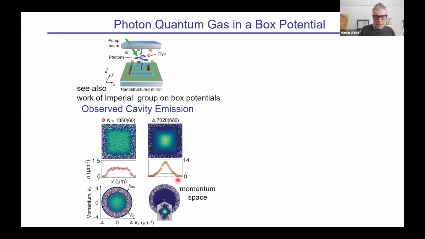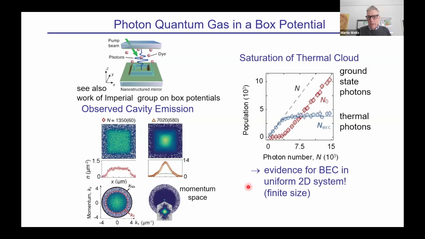And you also see that the momentum wave function, once we have a macroscopic occupation, of course becomes very narrow. And here you see that if we put in more photons, we essentially see a saturation of the thermal photon cloud, and then the ground state becomes macroscopically occupied.